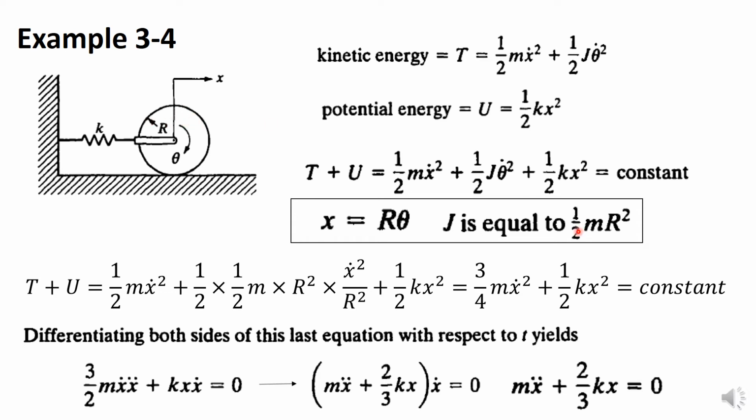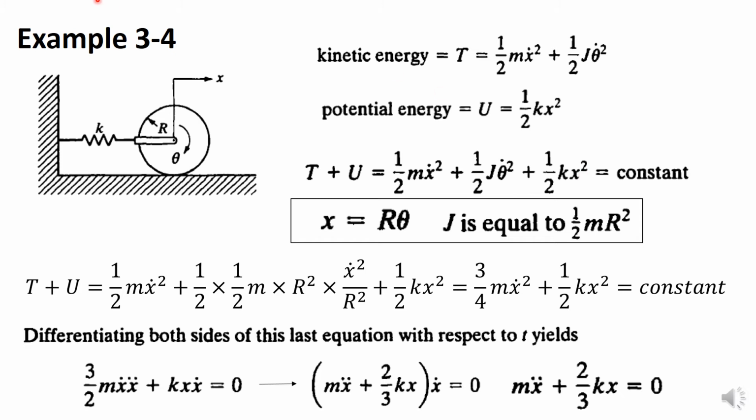But for the rotation system, if you want to get it, you just replace all of the translation system parameters with rotation system parameters. We can replace x dot with r theta dot, and x with r theta.